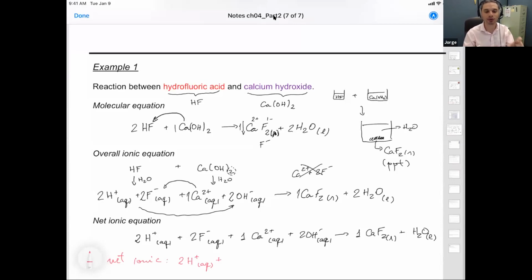Okay, we have to have exactly the same thing. If it doesn't show up on both sides, we need to keep it. The same thing for calcium, it only appears on the reagent side, and the same thing for the hydroxyl.